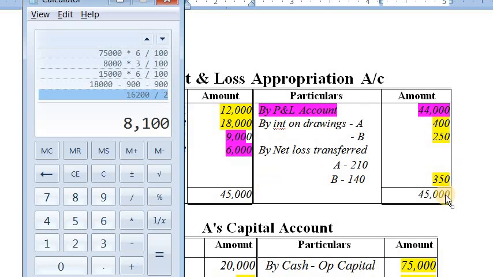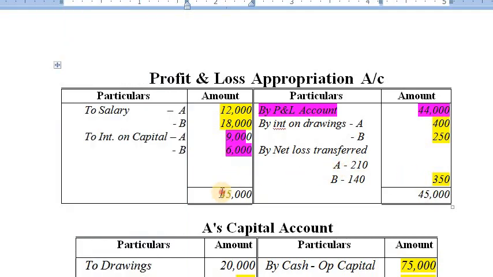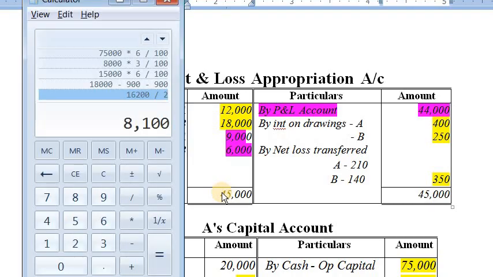Now in this case, credit is coming to a little more than 40, which means it is a little short, less than 45. So there is no net divisible profit, you have a divisible loss, a net loss, because the debits, we start with the 12,000.